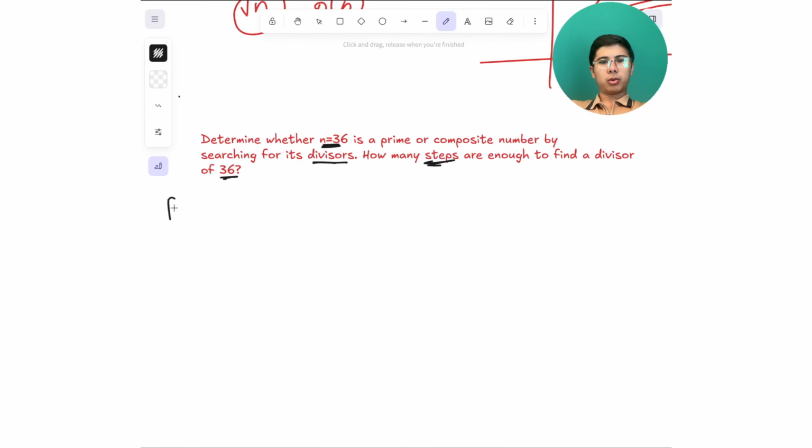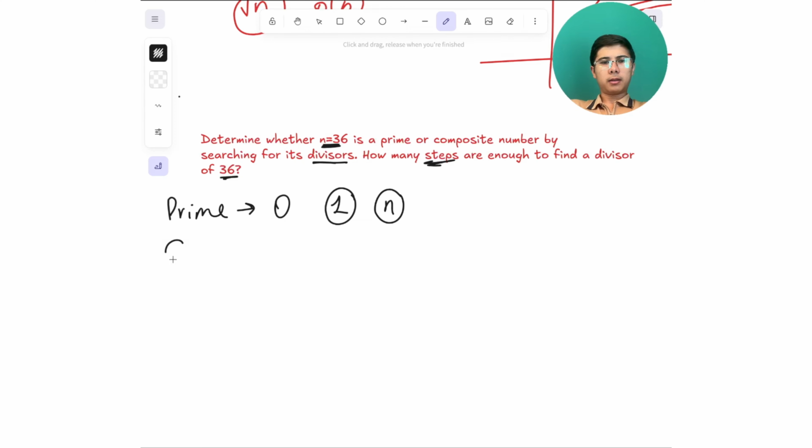We can see what a prime and what a composite number is. A prime number is divisible only by 1 and by the number itself.